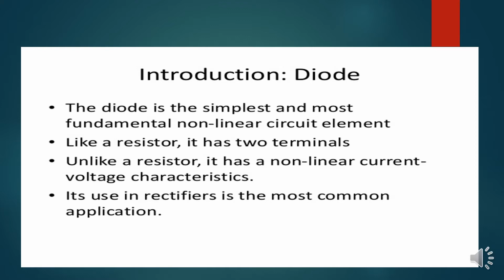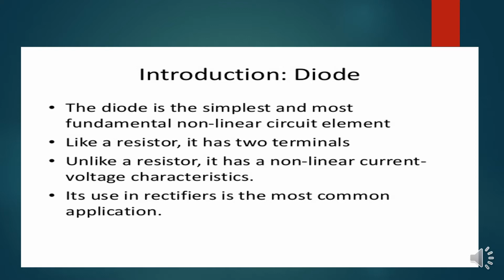Diode is the simplest and most fundamental non-linear circuit element. Like a resistor, it has two terminals, one is called P and the next one is N. When a P semiconductor layer and an N semiconductor layer are placed together, it creates a PN junction diode.